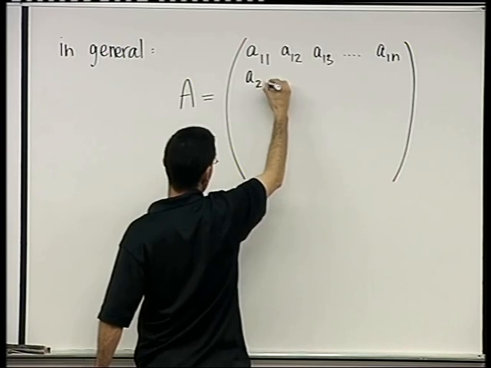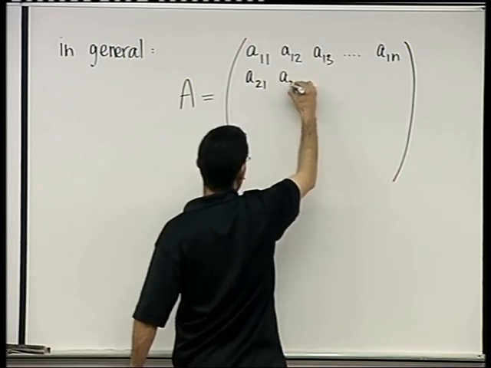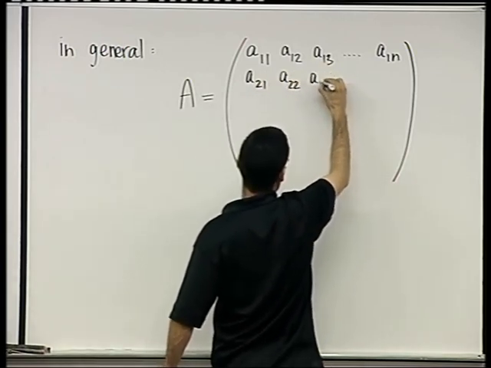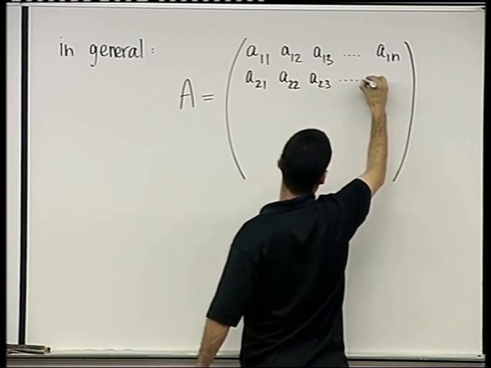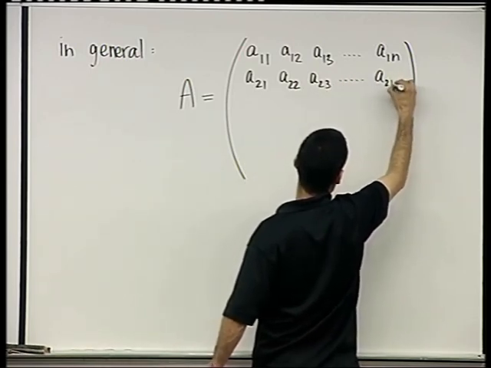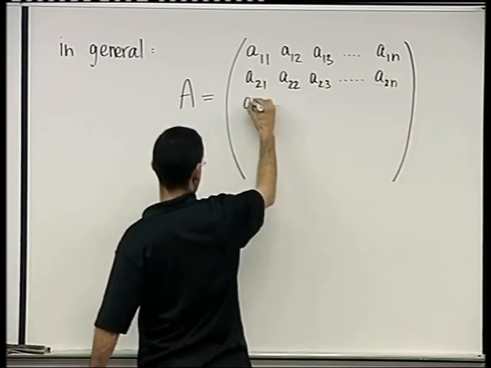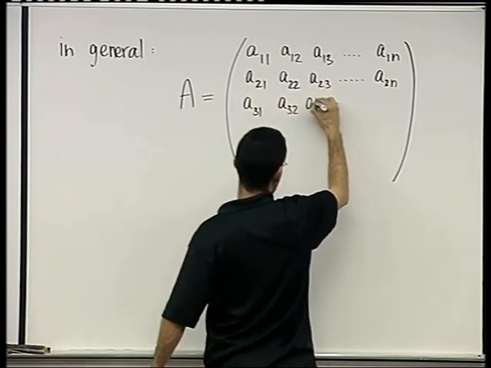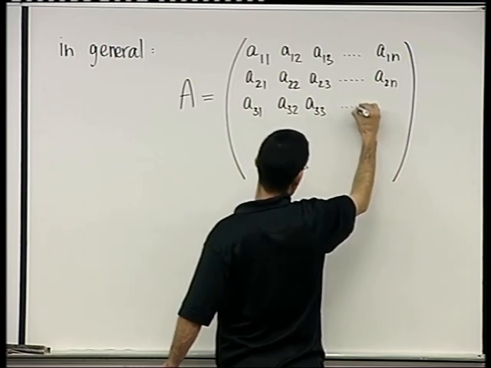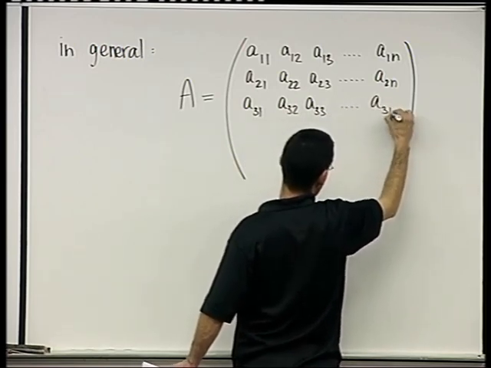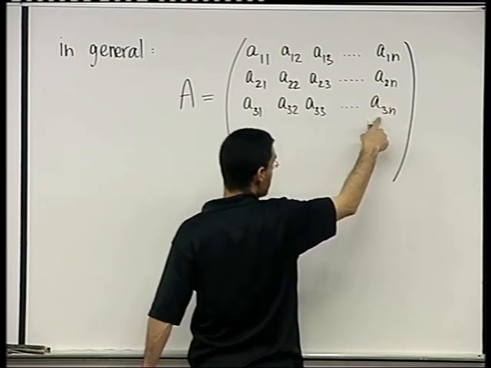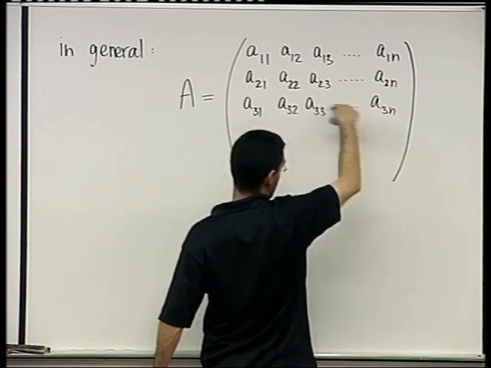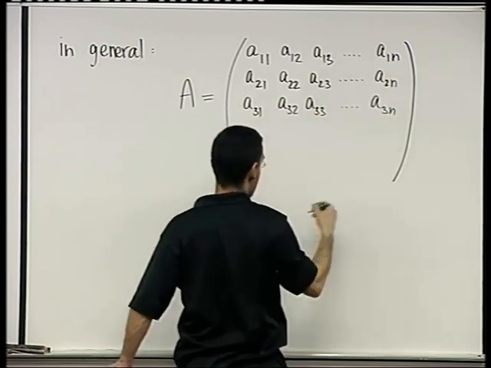The second row is A21, A22, A23, all the way to A2n. Then A31, A32, A33, all the way to A3n. A3n sits in the third row, the nth column.